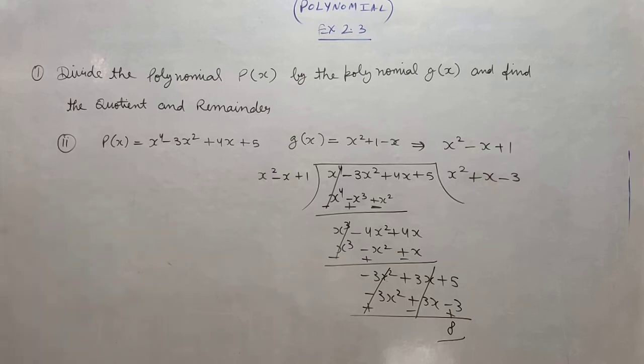Now in question number 2, you can see again there are 3 parts, and again there are 2 polynomials, but we have to check something. Suppose I am having p(x) and g(x) and you are dividing p(x) by g(x), so they are asking whether g(x) is a factor of p(x) or not.